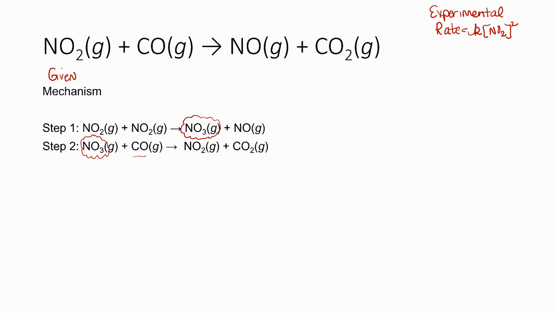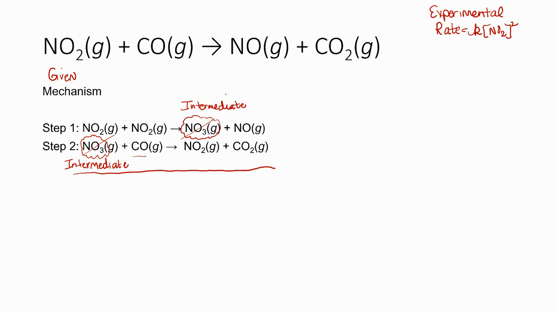So first of all, what we're seeing here is that step one makes what's called an intermediate. It's formed, but then immediately consumed. Okay, now if I think of it like this, where NO3 is formed and NO3 then is consumed, I can cross it out. And then I can write the overall equation.